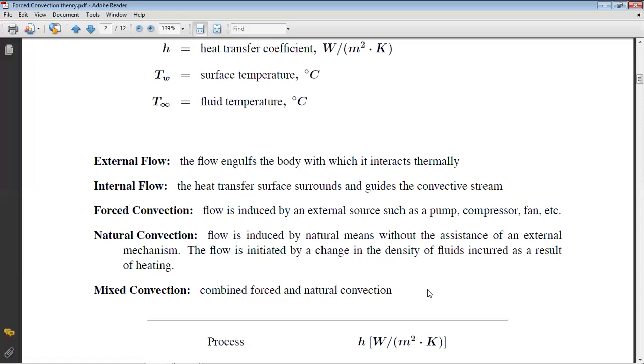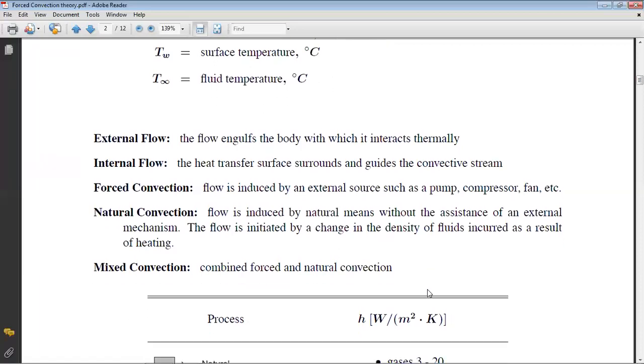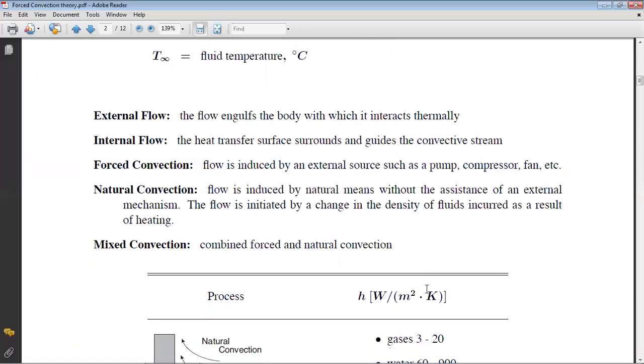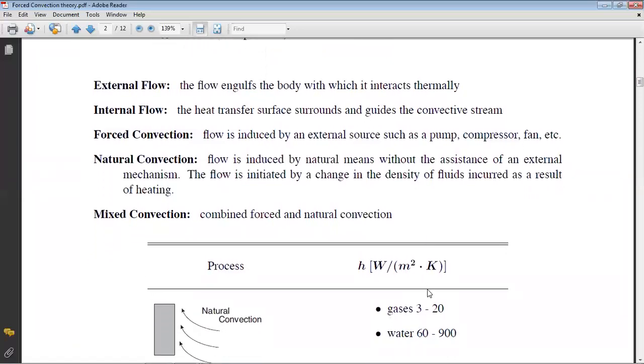As discussed, it could be a pump or compressor or a fan or blower. Whereas in case of natural convection, it is initiated by the change in the density of the fluids. And there could be a mixed convection, which is a combined form of forced as well as natural convection.